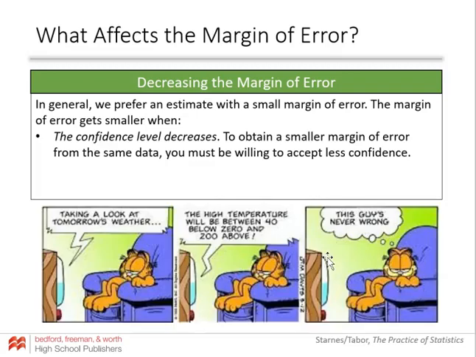All right, so like we have this Garfield comic here. The weatherman says that the high temperature will be between 40 below zero and 200 above. I would say we are 100% confident that he's got the true parameter value somewhere in there, because his margin of error is so large.